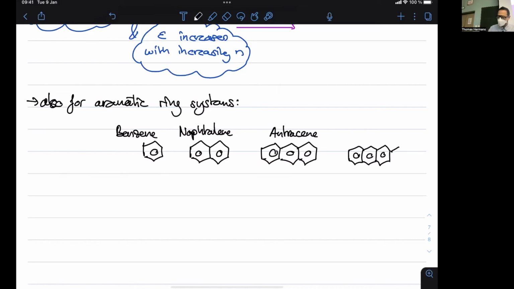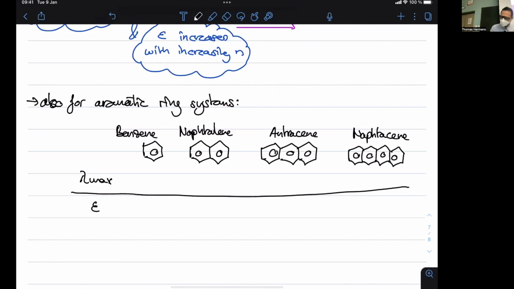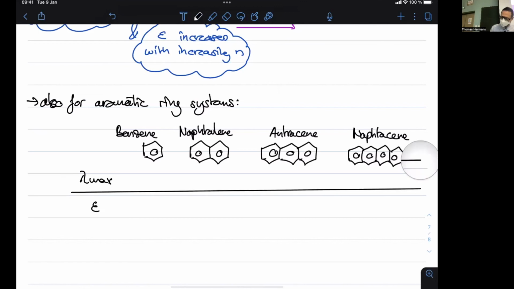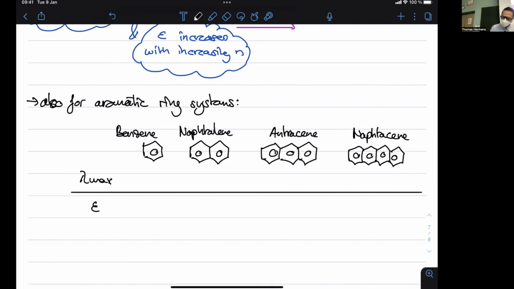And naphthacene. So if we look at lambda max and the absorption coefficient, we see that the wavelength will increase to 286, 375, 477.